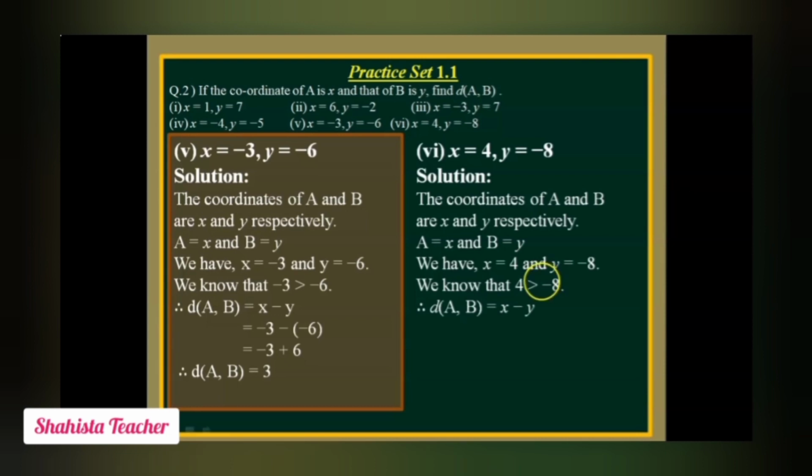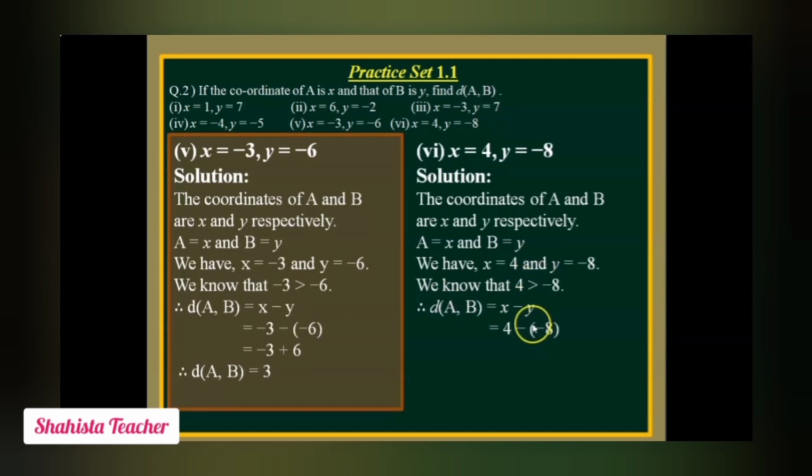Now here x is positive 4 and y is minus 8, negative. Okay, and this sign is for calculating distance. So here we will put x is 4, minus for calculating distance, and minus 8 is for y.